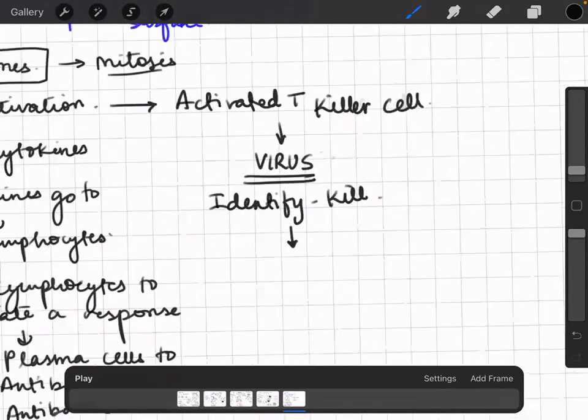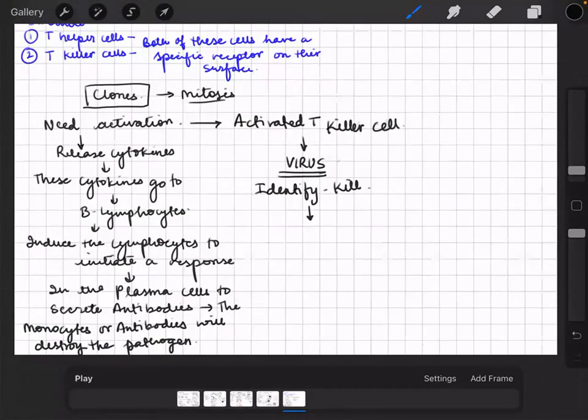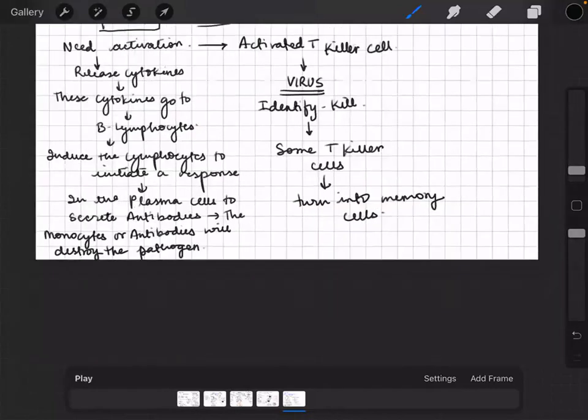Once they have identified and killed that particular virus, some of the T killer cells turn into memory cells, and these memory cells get stored so that the next infection can be cured quickly.